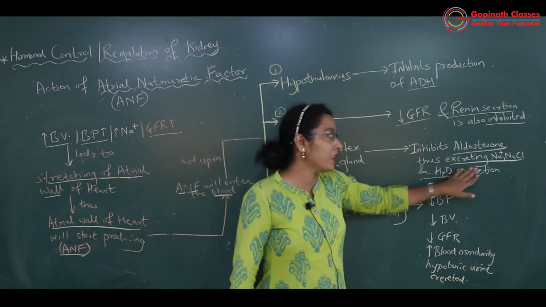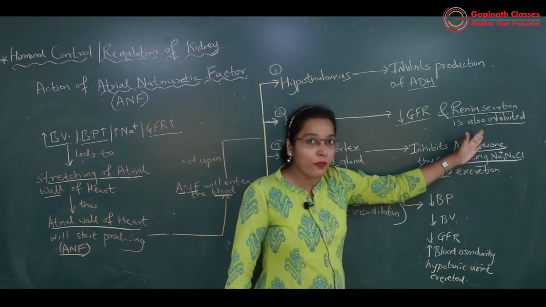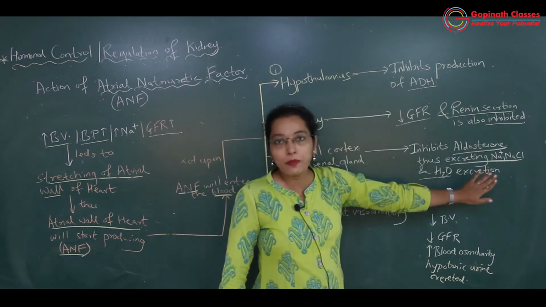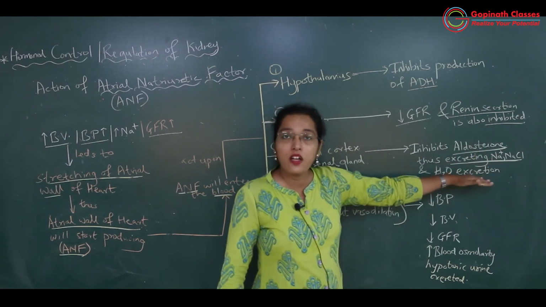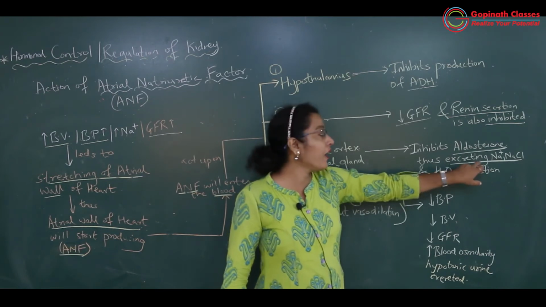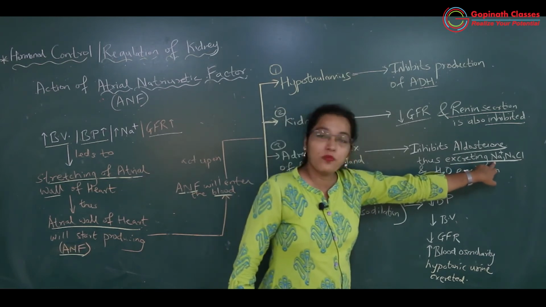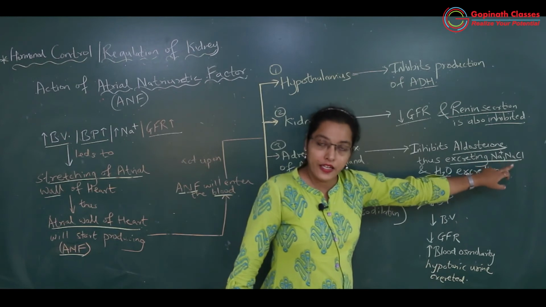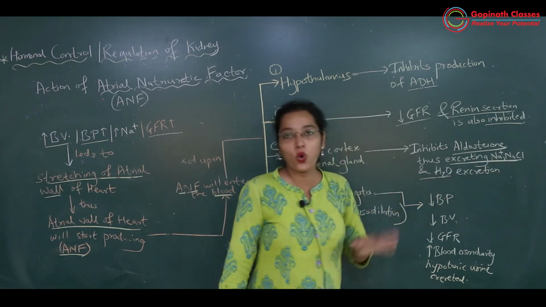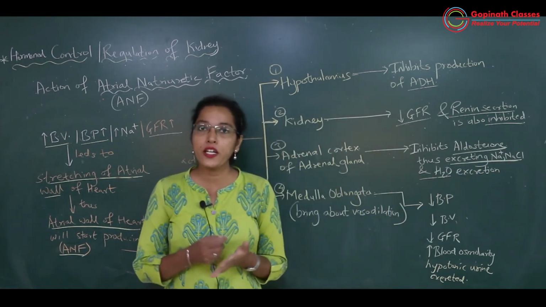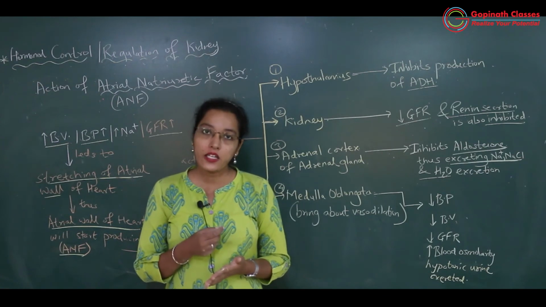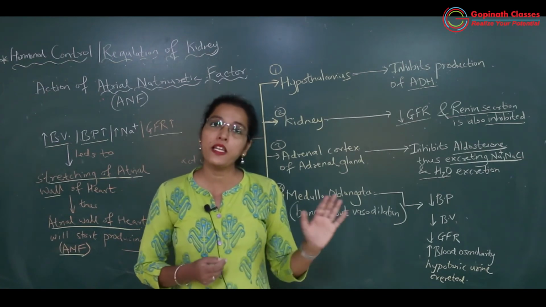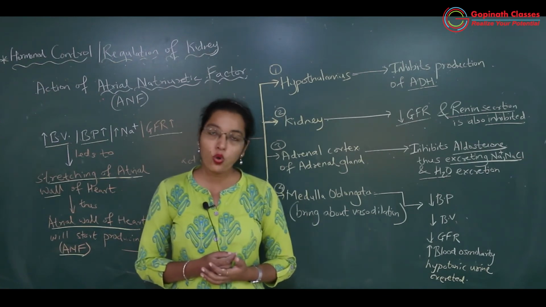Okay, that means reabsorb नहीं हो रहा है, means nephric filtrate में वो रहेगा. That means nephric filtrate will have now Na positive, NaCl as well as water. Okay, so water, NaCl, then Na positive ions will be excreted out through urine.